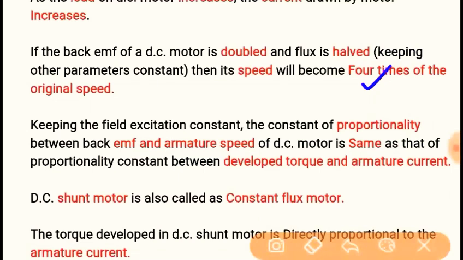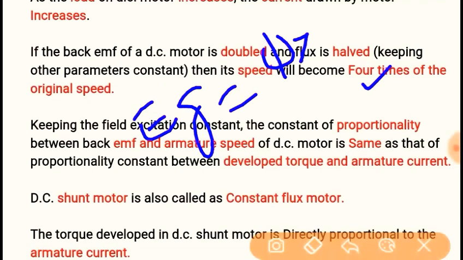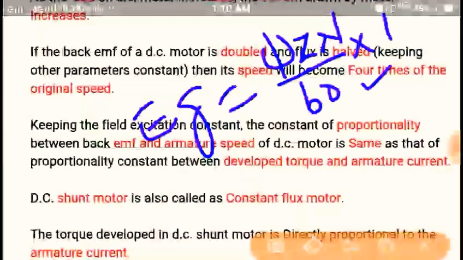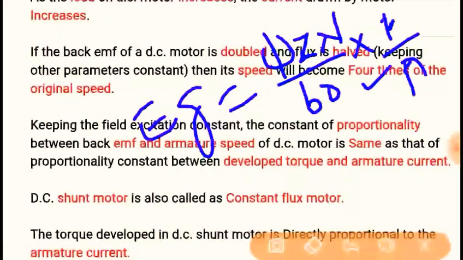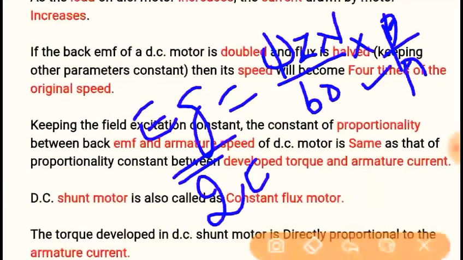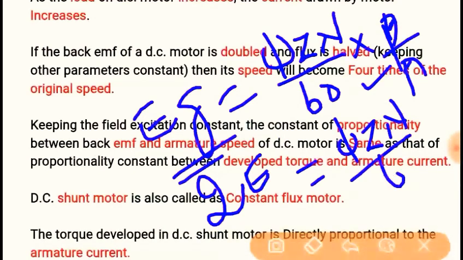We already know Eg is equal to pi Z N by 60 into P by A. Here, Eg is given as twice the value, so 2 equals the flux term, which will be half of its value, times Z N by 60 into P by A. All other parameters are constant.